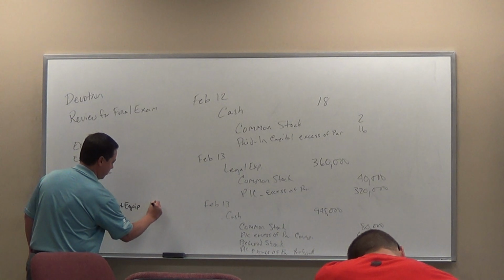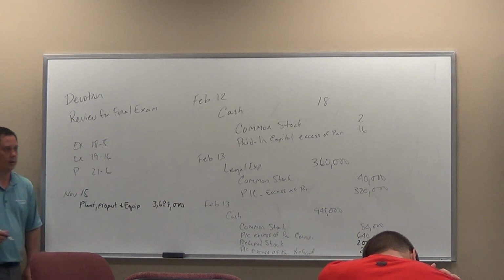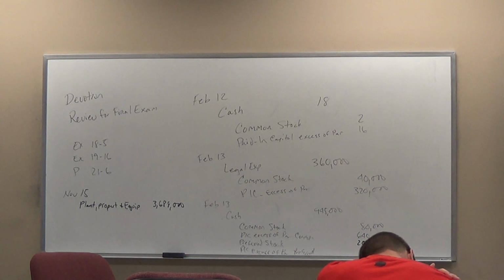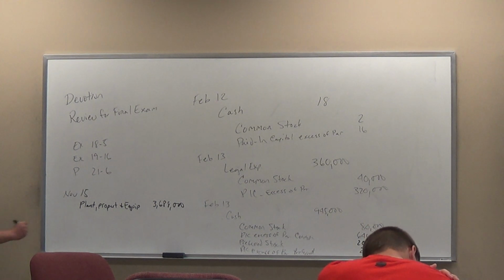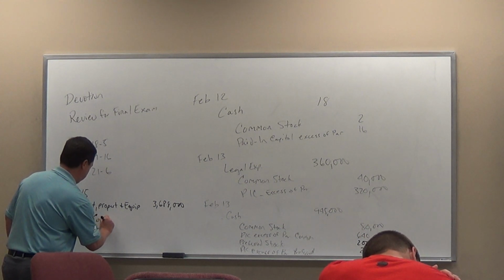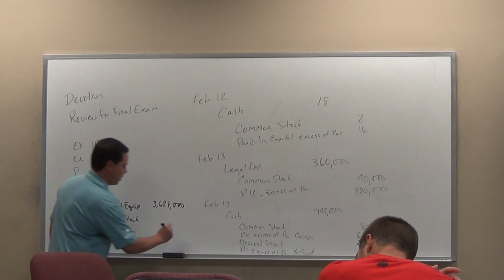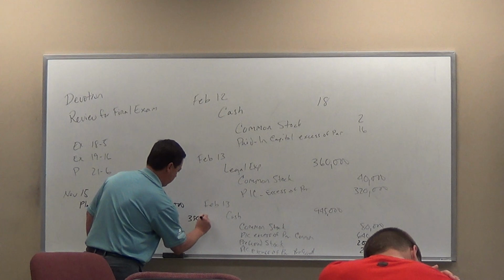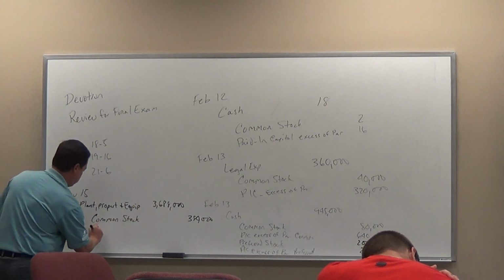That cost us what we received there, 3,688,000. All right, so we issued common stock, 380,000 shares. The rest of that would then be paid-in capital.